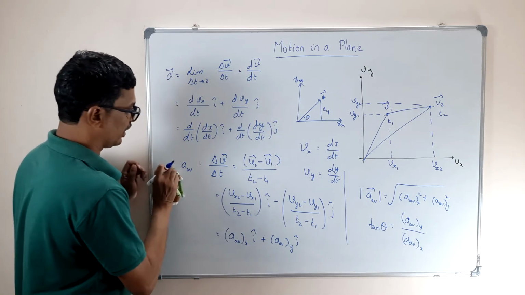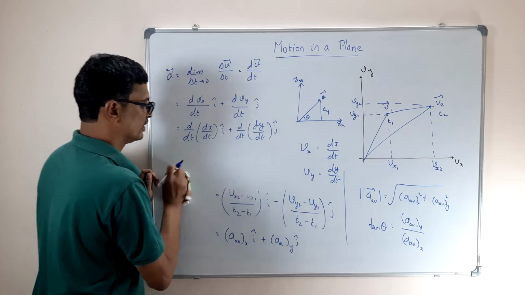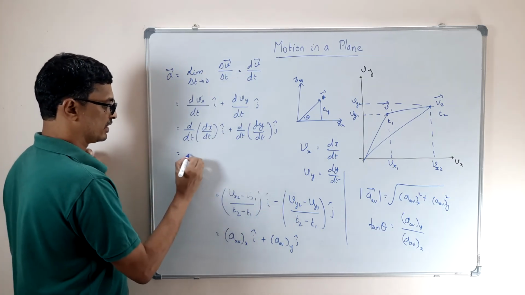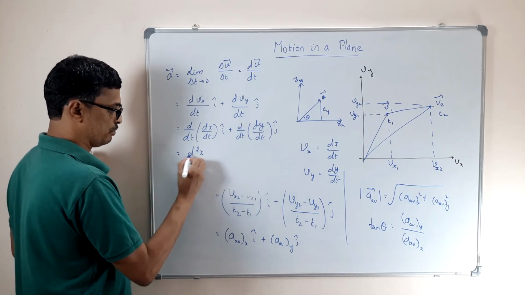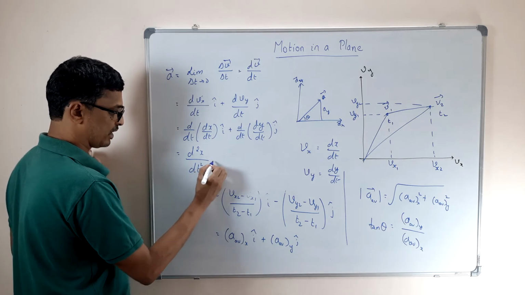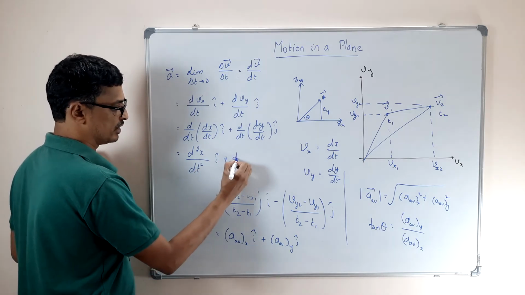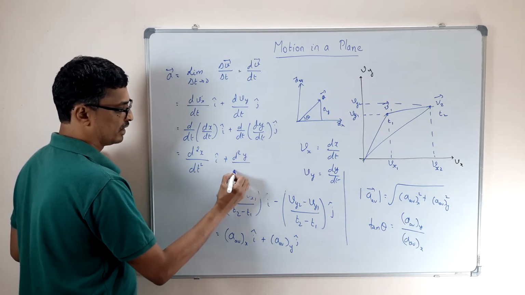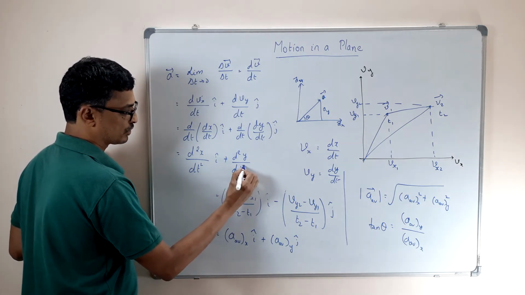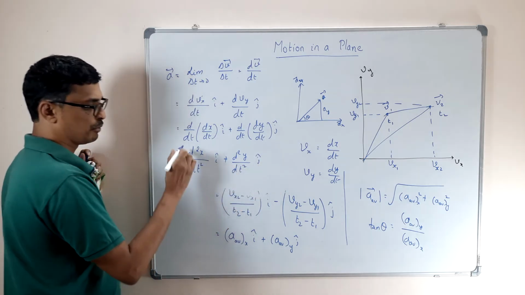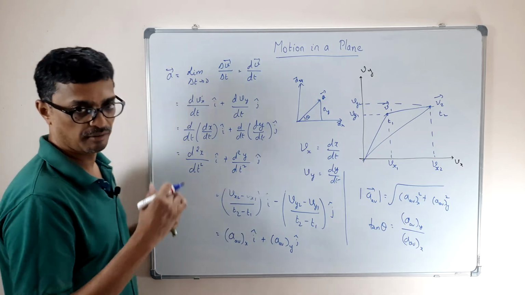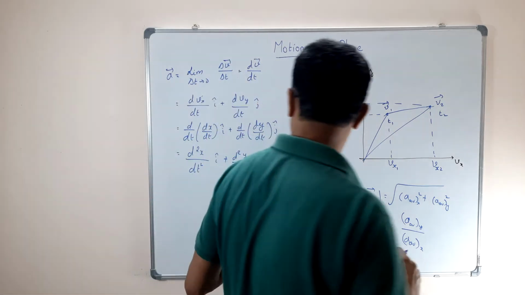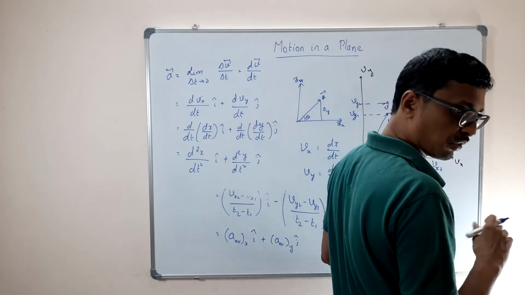The way they write it is d square x by dt square i cap plus d square y by dt square j cap. Remember, this is just a symbol. It's a double derivative, don't think this is a square times square.